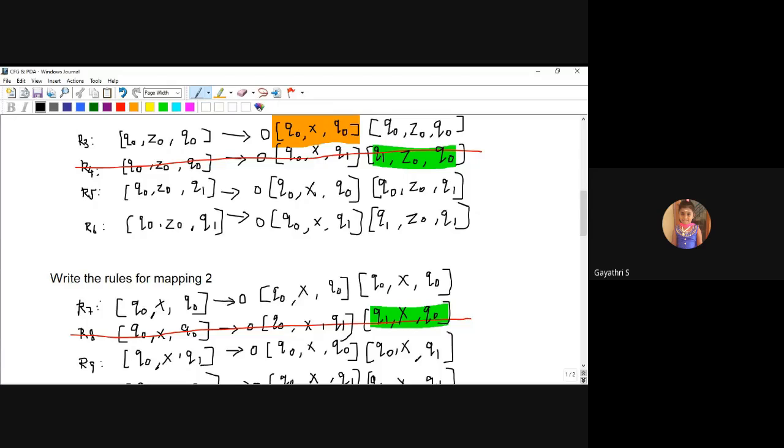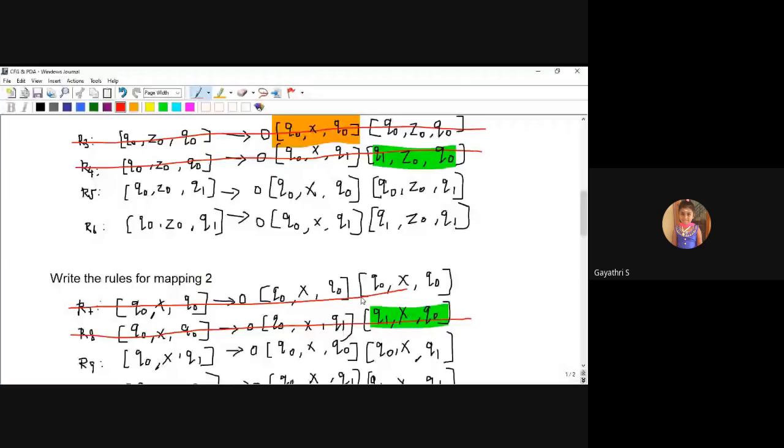There is no fruitful replacement for this production, so it is unwanted and I will eliminate rule number 3. That is all the productions which have Q0 x Q0. Rule number 7 is also eliminated because it has Q0 x Q0 on both the left and right sides.